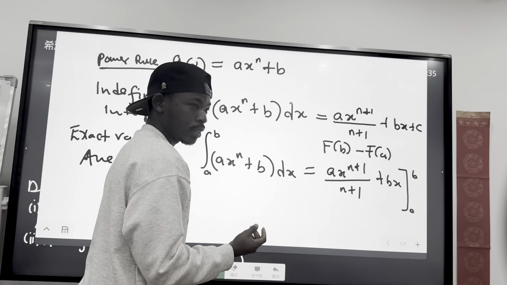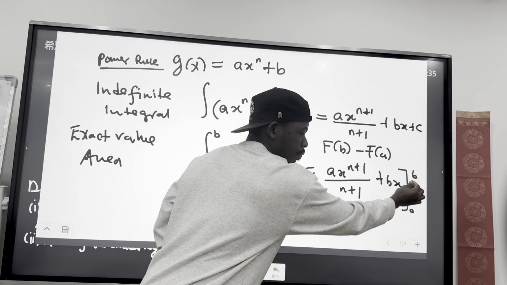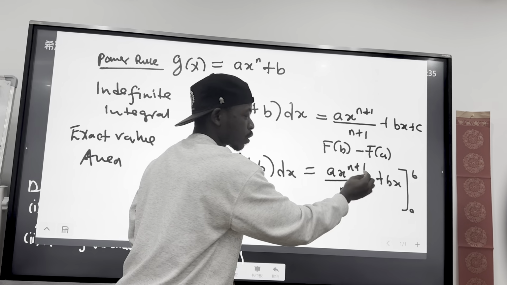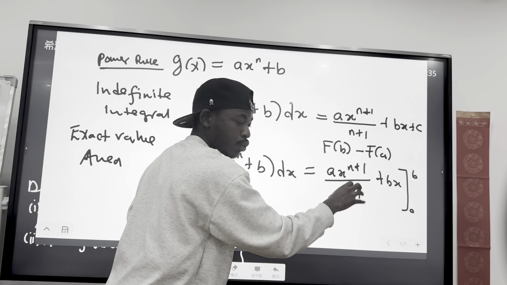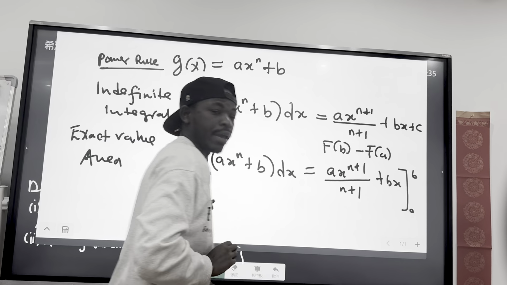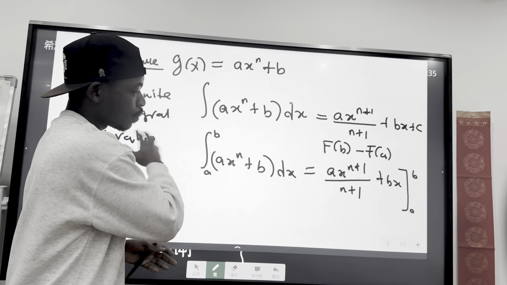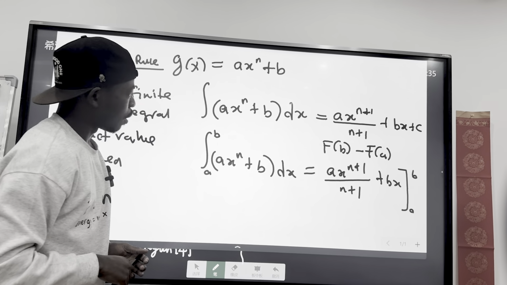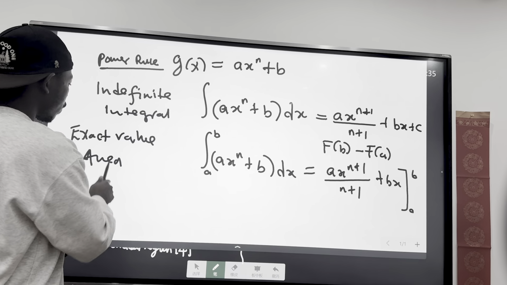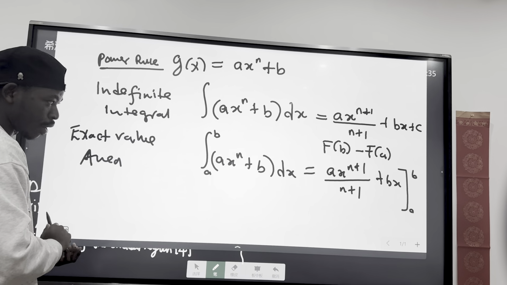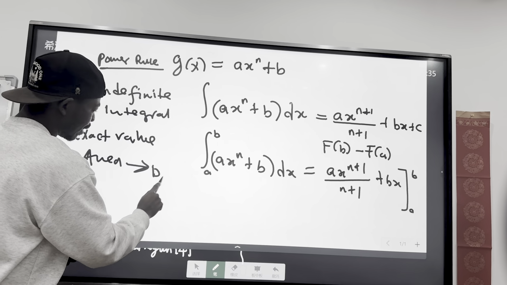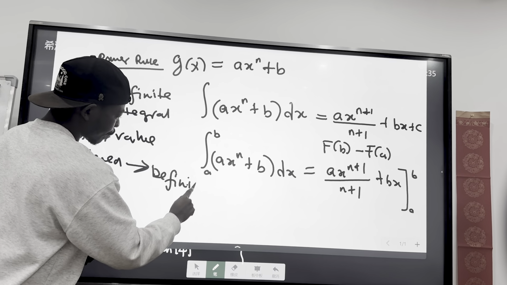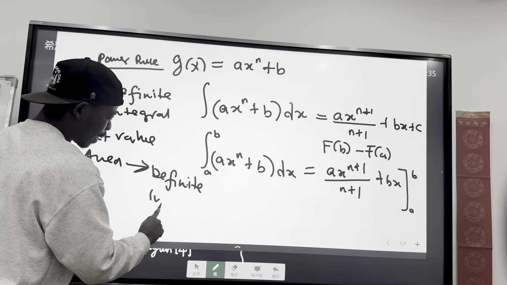What I mean is you get the value of b, let's suppose it's 2, and substitute it in for the value of x here. When you find the value, you say minus f of a. You'll understand more when we start solving the problem. This gives you the exact value, which is the area. Because you are getting an exact value, we call this a definite integral.